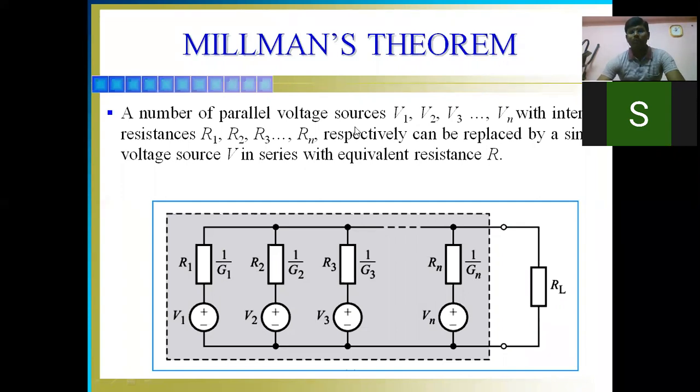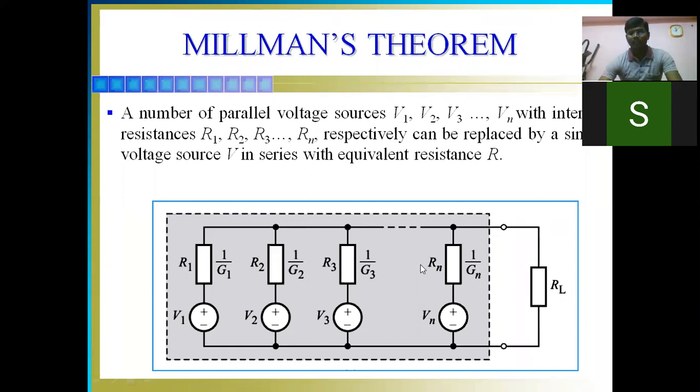The number of parallel voltage sources V1, V2, V3, ... Vn with internal resistances R1, R2, R3, ... Rn respectively can be replaced by a single voltage source V in series with an equivalent resistance R. This box represents the number of voltage sources connected in parallel: V1 R1, V2 R2, V3 R3, up to Vn Rn, all with their internal resistances connected in parallel.